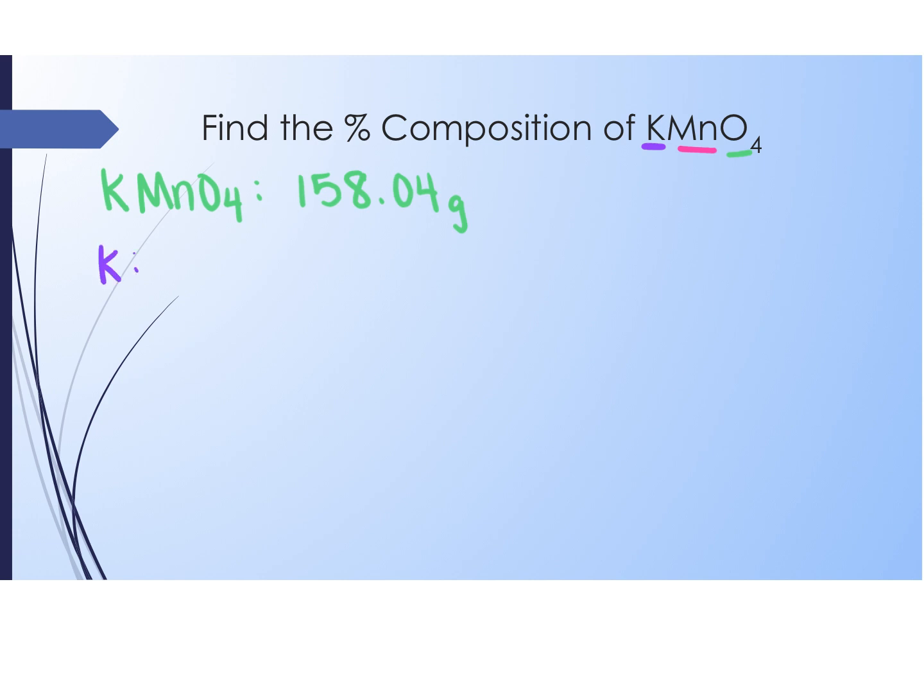So I'm going to start with potassium. Okay, what is the mass of potassium in this compound? Okay, so 39.10 grams. And what are you going to divide that by? Okay, good. The 158.04. Get your answer and then multiply it by 100.